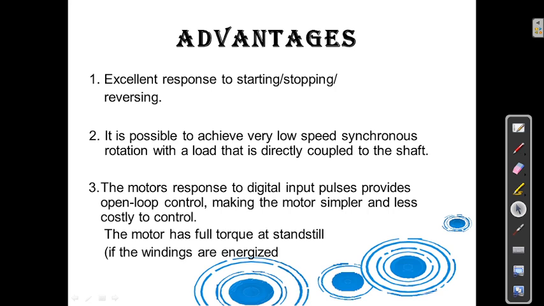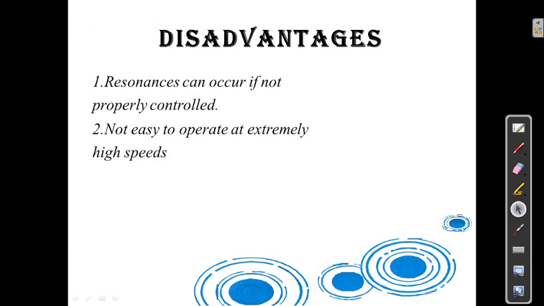The motor's response to digital input pulses provides open loop control, which makes the motor simpler and less costly to control. The motor also has full torque at a standstill if the windings are energized. This is the main advantage of the stepper motor.